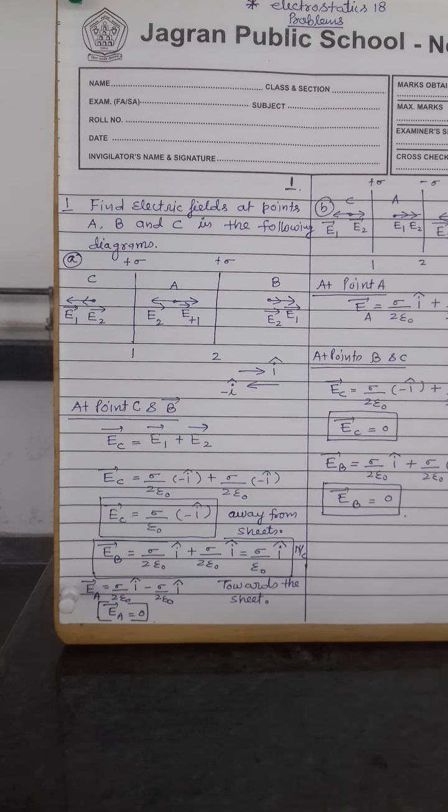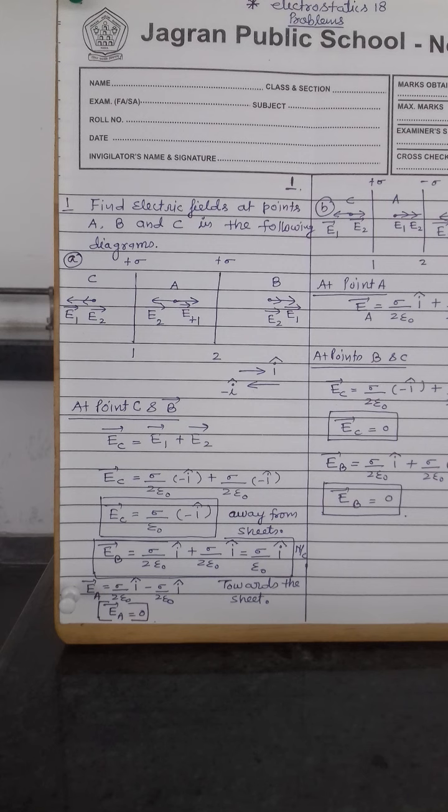Okay. So at point C, net electric field is the vector sum of E1 and E2. Okay. Which is sigma upon 2 epsilon naught minus I cap plus sigma upon 2 epsilon naught minus I cap.